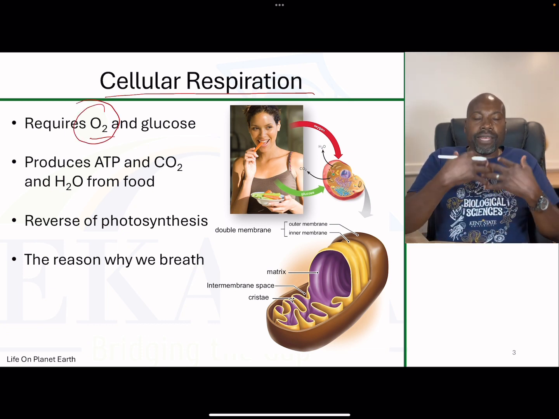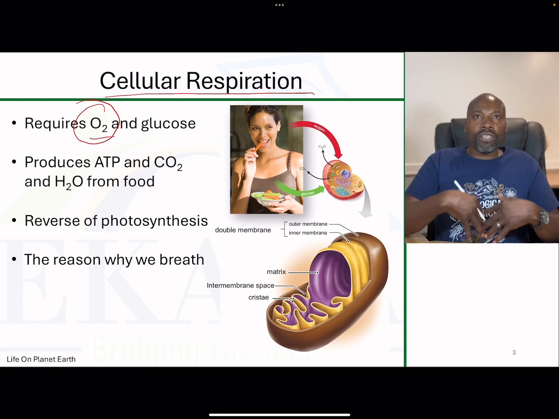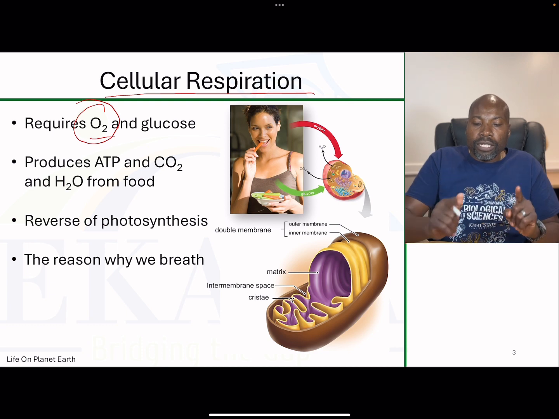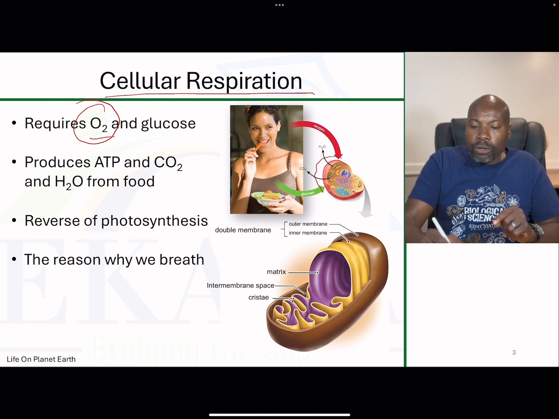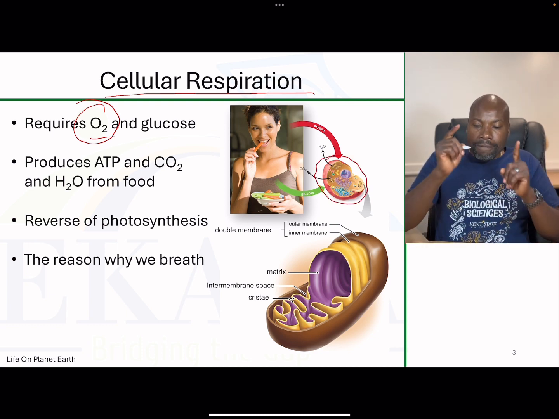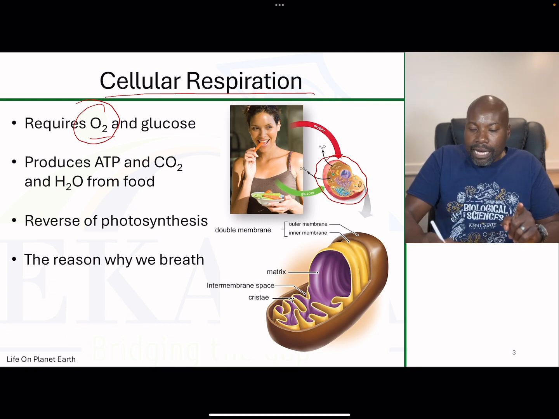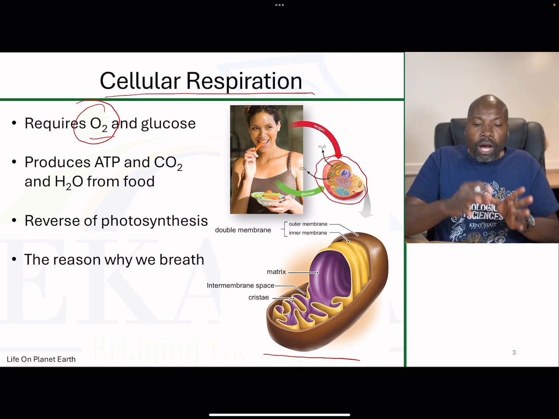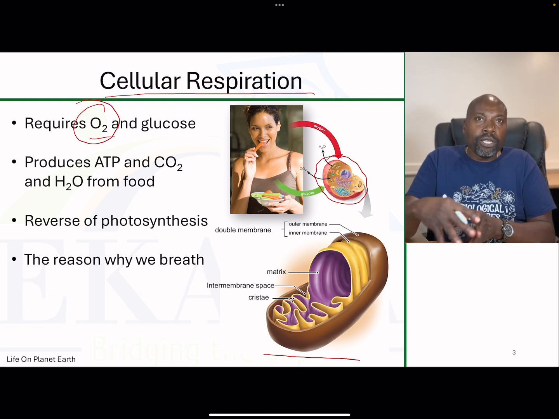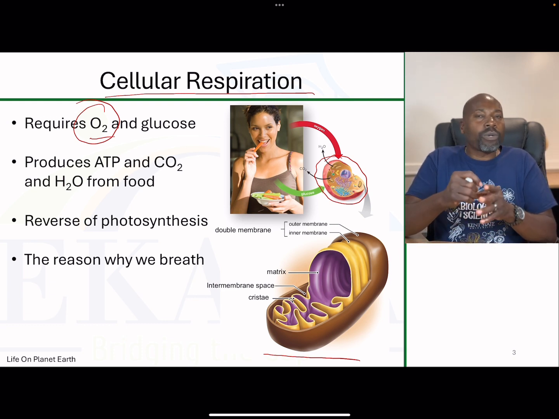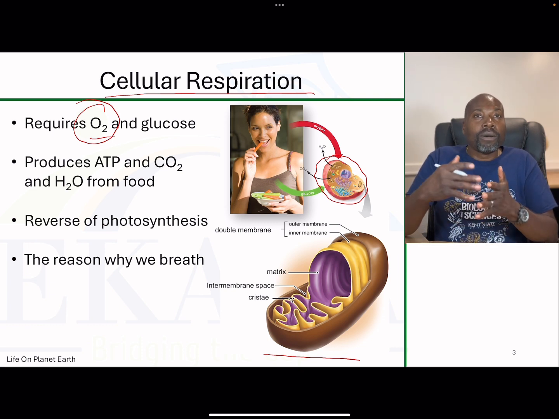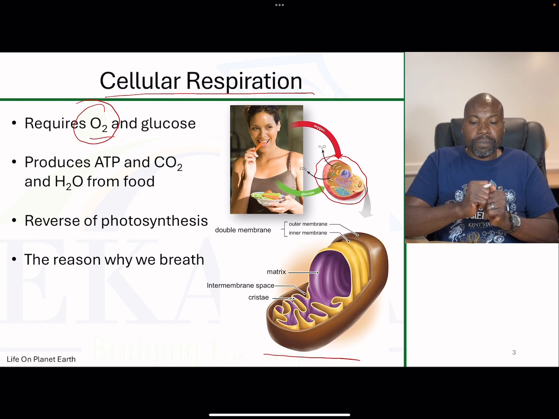Now, when we breathe in, we are bringing oxygen. That oxygen is essential to fuel cellular respiration that occurs in our cells, and very specifically in mitochondria, right? In mitochondria, oxygen is going to be used as what we call final electron acceptor. I'm going to explain why in a minute.